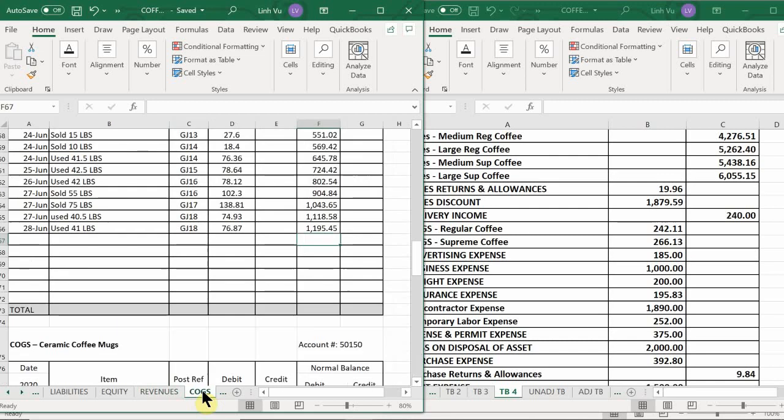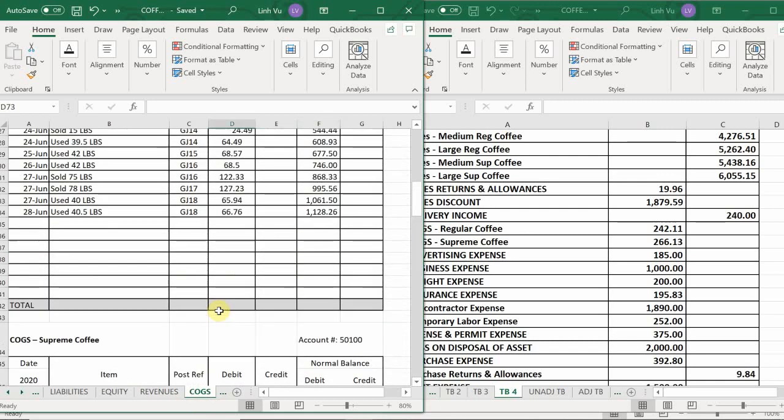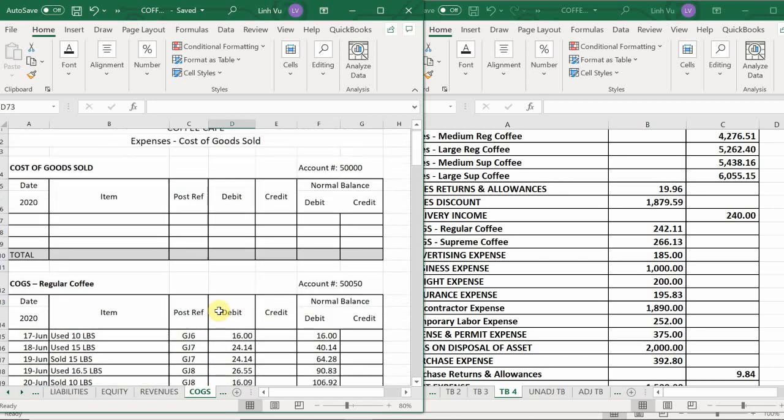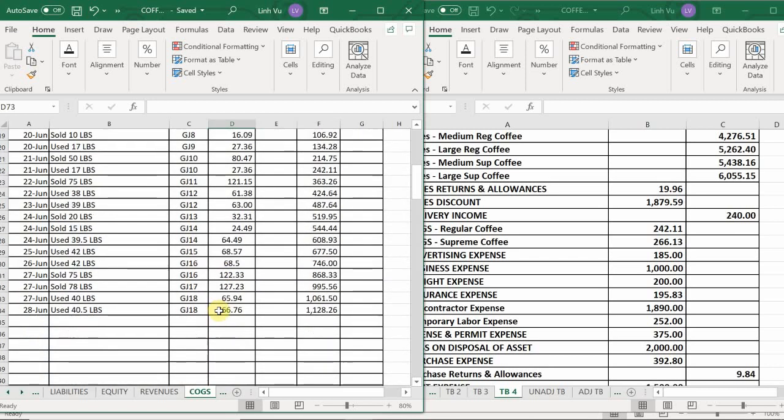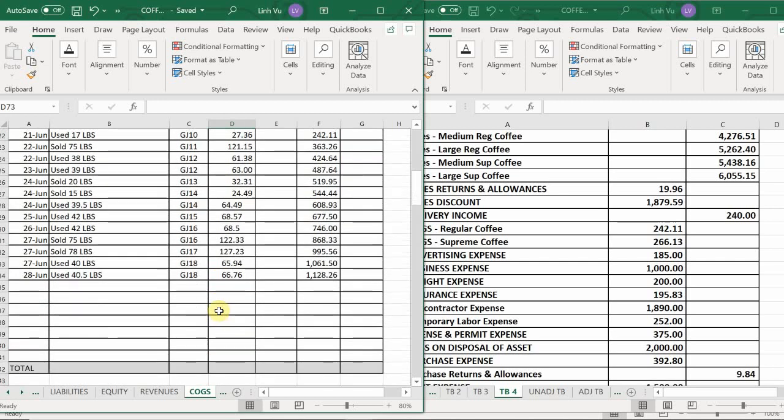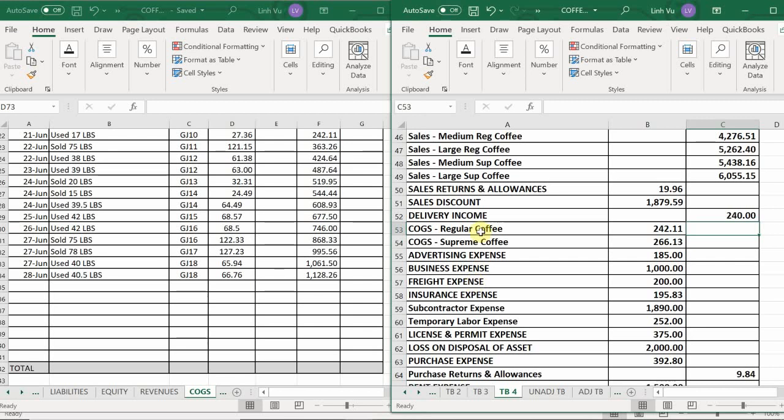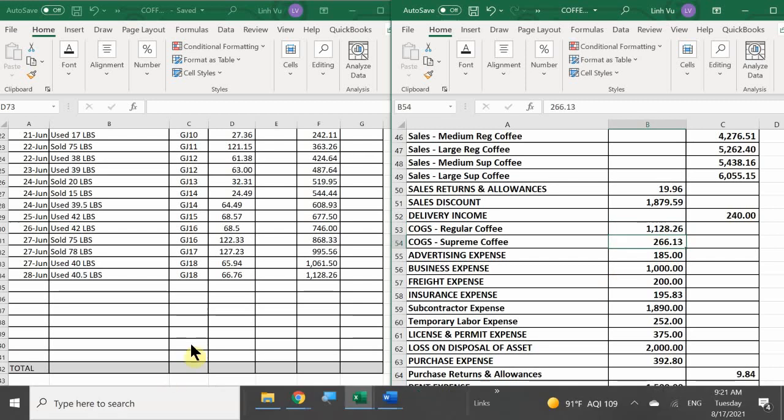So, cost of goods sold is next. Right? Only two things that we have here. Cost of goods sold for regular coffee. What's the account balance here? 1128.26. Good.